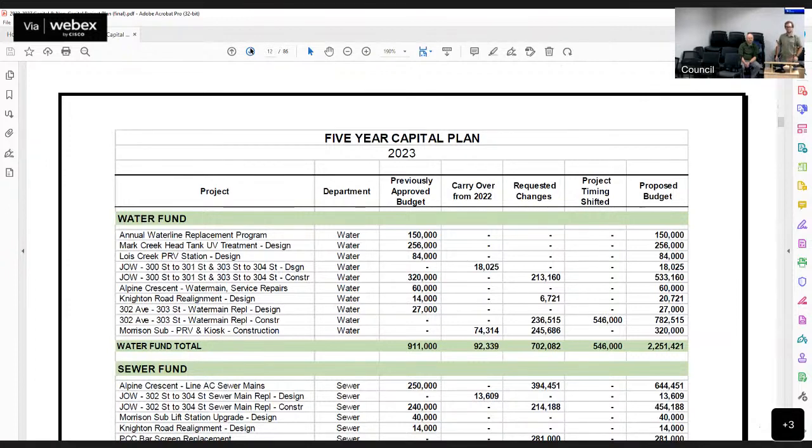Go ahead, Woody. I just had a question about the deferred projects, the projects that you deferred later into the 5-year plan. I was curious whether, when you were choosing projects to move, this 300%, for example, for the price of lining was taken into account on which projects were chosen.